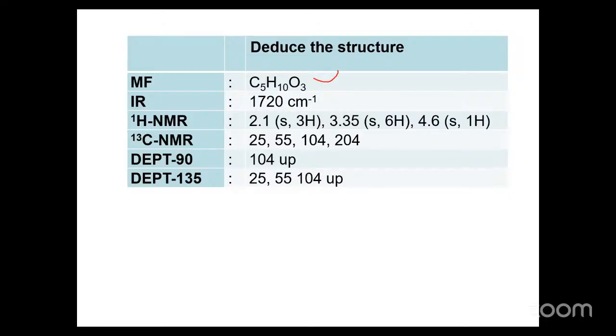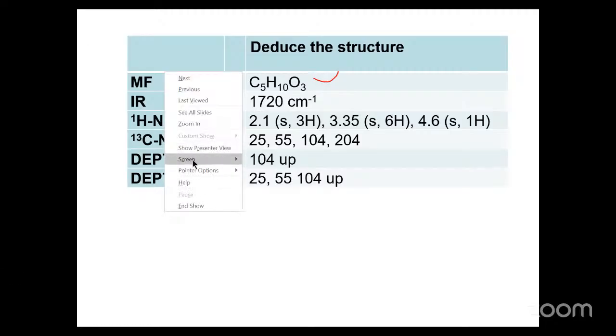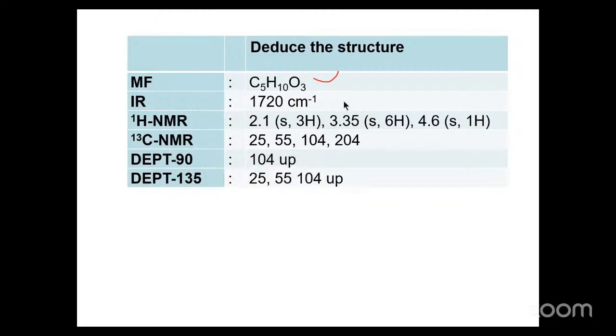Coming to the H1, we have 3 peaks. So there are 3 kinds of hydrogens, correct? Coming to the signal at 3.5, it is for 6 hydrogens. 4.6 is a highly de-shielded proton coming as a singlet.